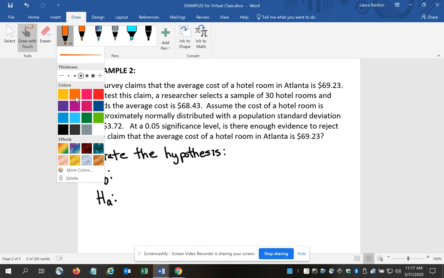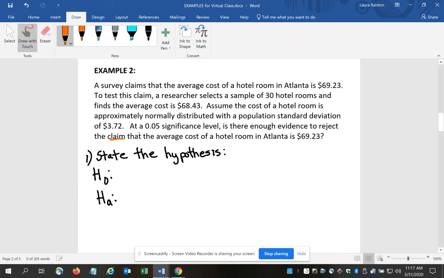And oftentimes it's stated near the end of the problem. So if I'm looking at this problem, it says reject the claim that the average cost of a hotel room in Atlanta is $69.23. So there's our claim.